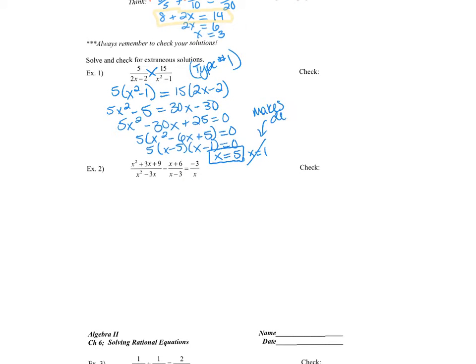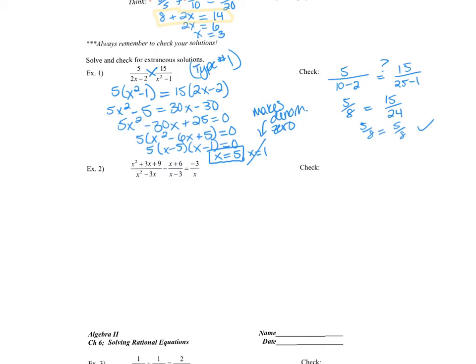So remember to always check, and you can just do that by plugging in your number. So 5 over 2 times 5 is 10 minus 2 equals 15 over, let's see, 5 squared is 25 minus 1. So does 5 over 8 equal 15 over 24? Yes, it does.